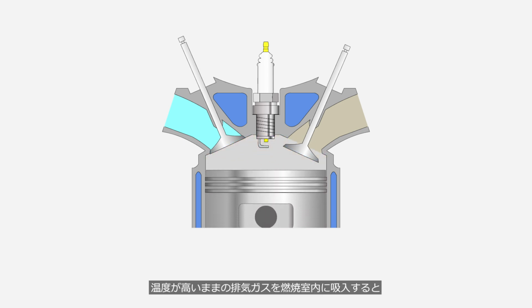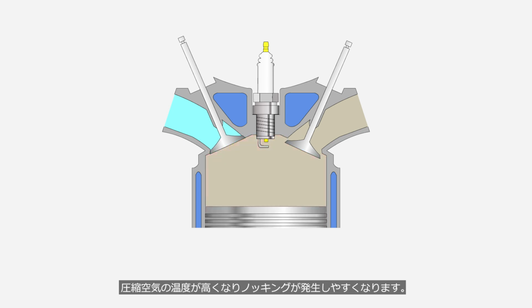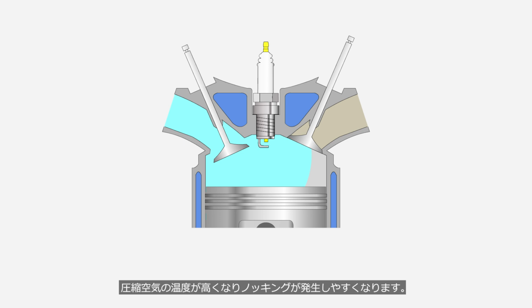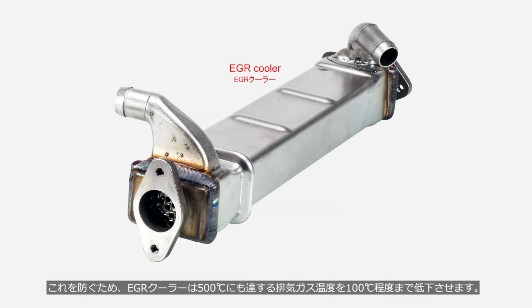If exhaust gases at high temperatures are drawn into the combustion chamber, the temperature of the compressed air increases, making knocking more likely to occur. To prevent this, the EGR cooler lowers the exhaust gas temperature, which can reach 500 degrees Celsius, to about 100 degrees Celsius.